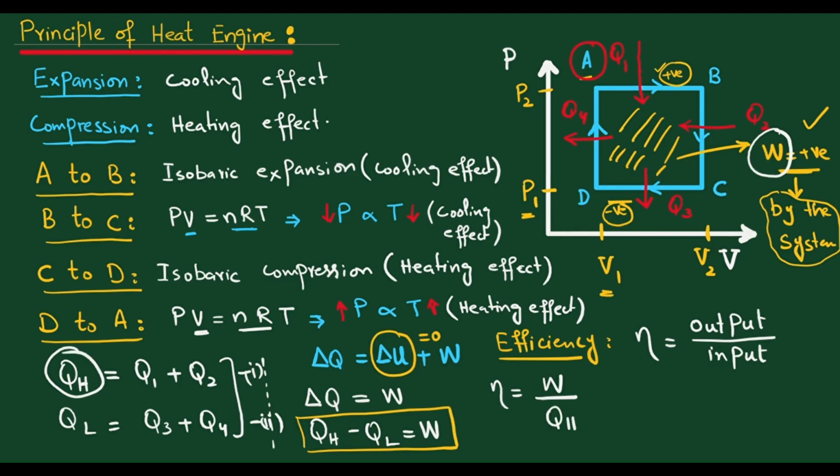Then, we know from this equation that the work done is equal to QH minus QL, so the efficiency is equal to (QH minus QL) divided by QH, which is 1 minus QL divided by QH.